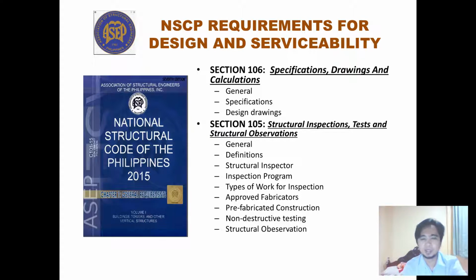And how to do that? Of course, that is reached or achieved through quality control that you should implement also. So you have a mechanism on structural inspection, a mechanism on tests, and structural observation.